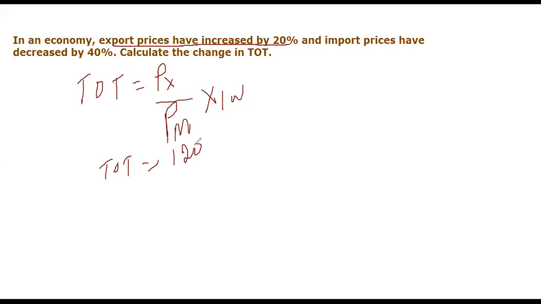Export prices have increased by 20%, therefore PX becomes 120. Import prices have decreased by 40%, that is 60. From 100, the value in the base year, an increase by 20% means 120 and a decrease by 40% means 60, then into 100.